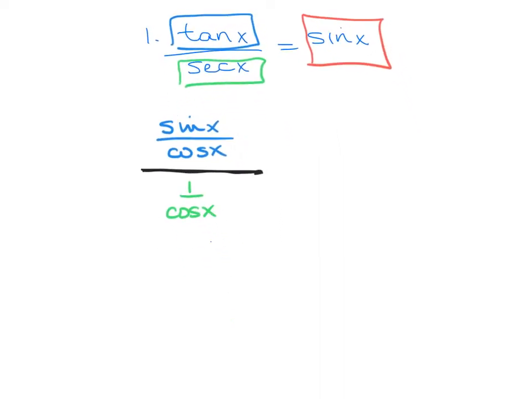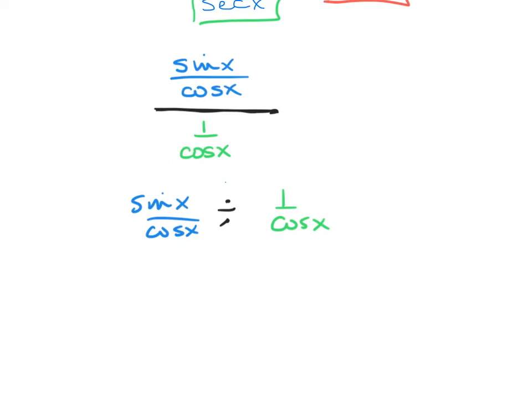So really what I'm doing here is sine x over cosine x divided by 1 over cosine x. Remember, when we divide fractions, we do a keep, flip, change or a stay, change, change. So I leave the numerator the same, and I flip this to the reciprocal.